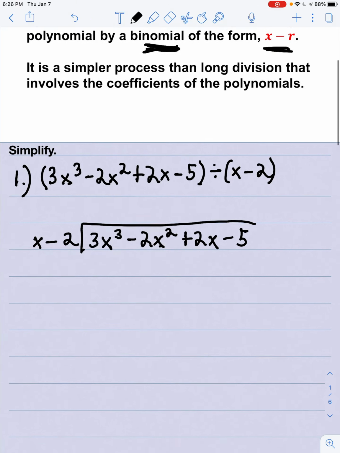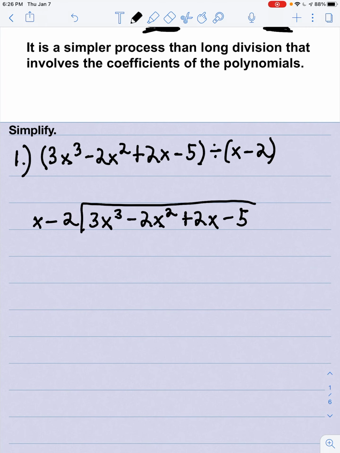So I am going to move this up, and I have a problem that we're going to do using long division first. So we're going to take the quantity 3x to the third minus 2x squared plus 2x minus 5 and divide it by the quantity x minus 2.